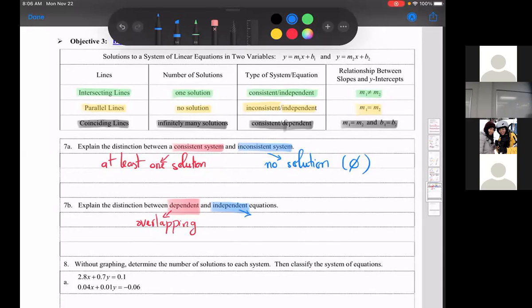One way to say it: they're not overlapping. They have their own separate paths, either like this or like this, right? Not overlapping. Thank you, Sean. Maybe that's the best way to describe it, easy for you to remember.